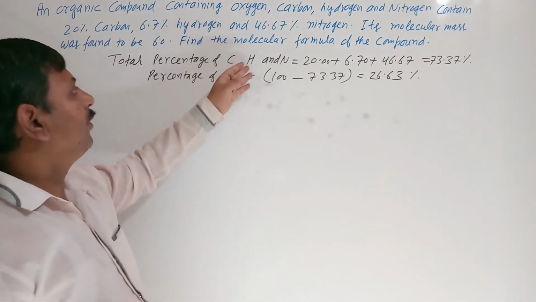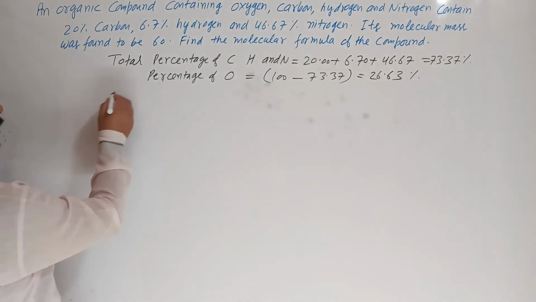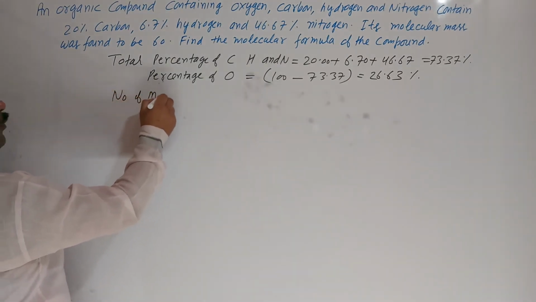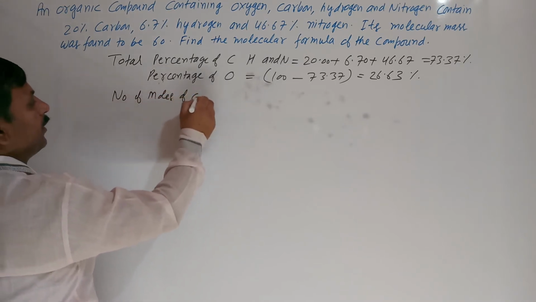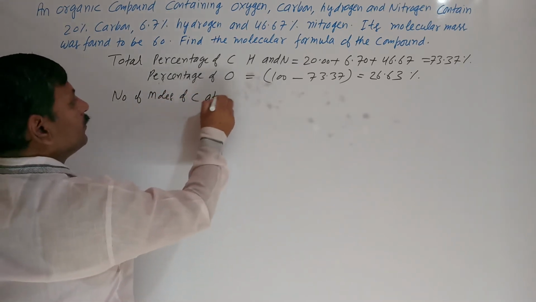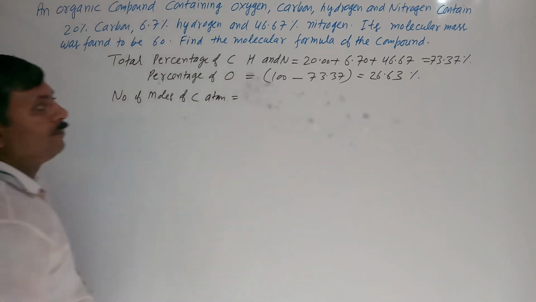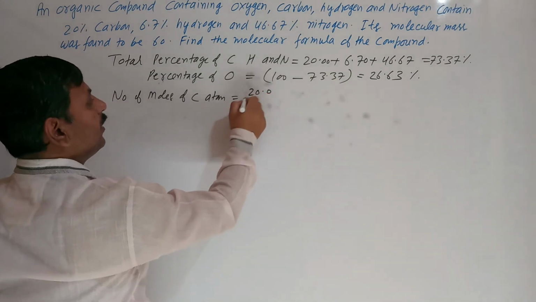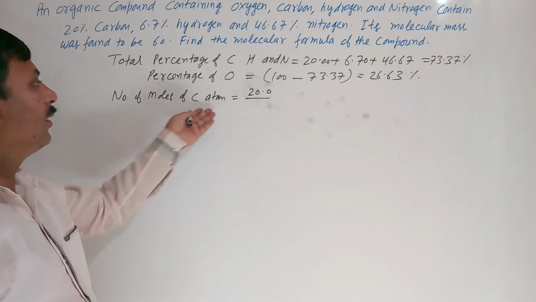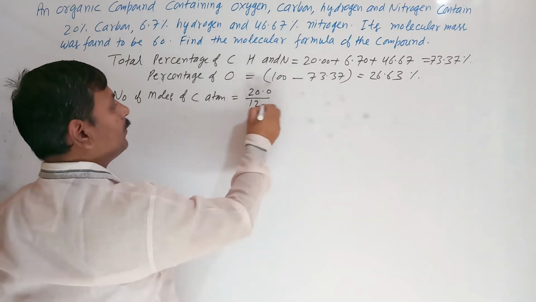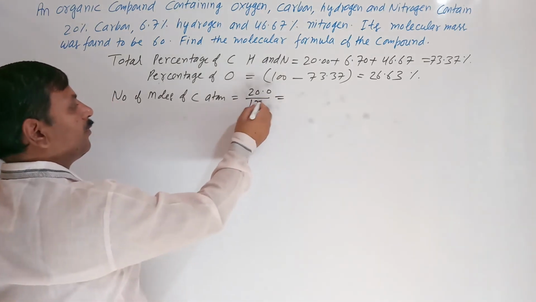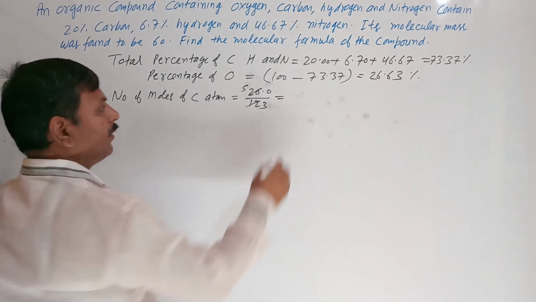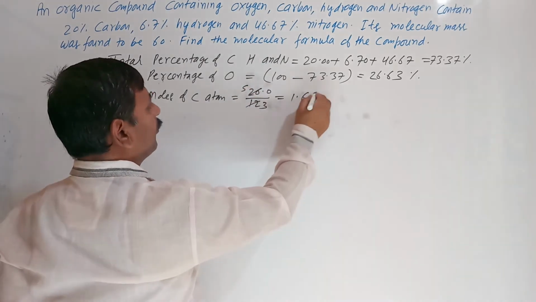I told you, find the number of moles of each constituent present in that substance. So we will start one by one. Suppose I take carbon first. Number of moles of carbon atoms: mass 20% divided by atomic mass 12. So 4 3s are 12, and 5 by 3 is around 1.66.